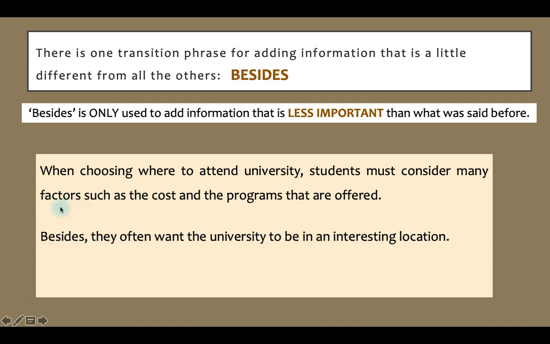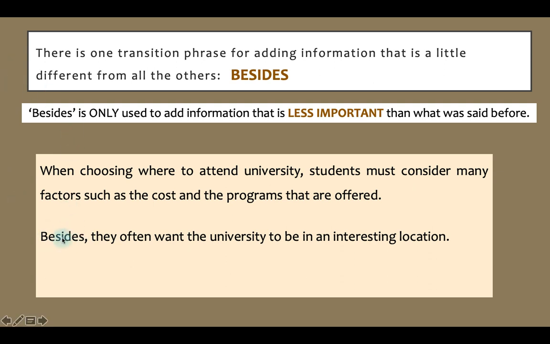The fact that we're using "besides" tells your readers that you believe that this information is less important than this, that the interesting location is less important than the cost and the programs that are offered. If you wanted to say that they were equally important, you would use a different word. You would say furthermore, moreover, one of the other ones that I've already showed you.